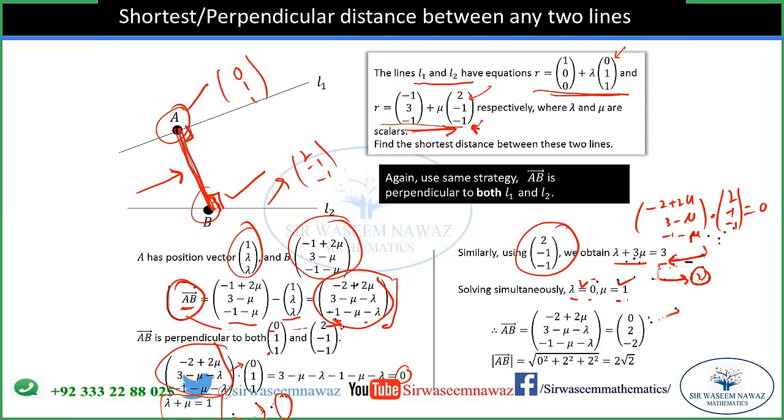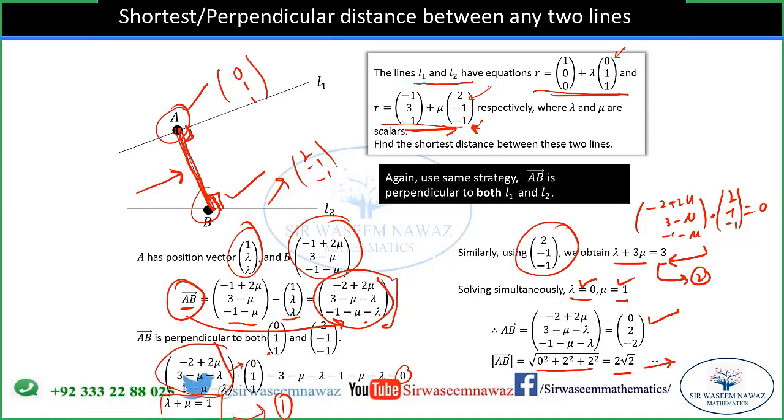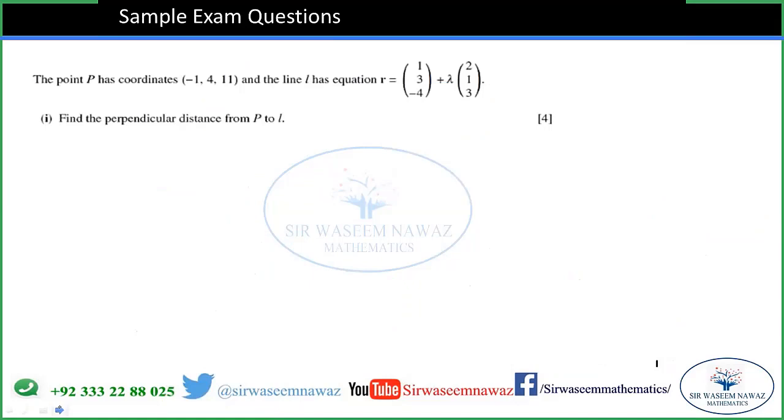Since we want to find the shortest distance, the magnitude of this vector 0, 2, minus 2 is the shortest distance between these two lines. So we have done how to find the perpendicular distance between two parallel lines, and also between two non-parallel lines.